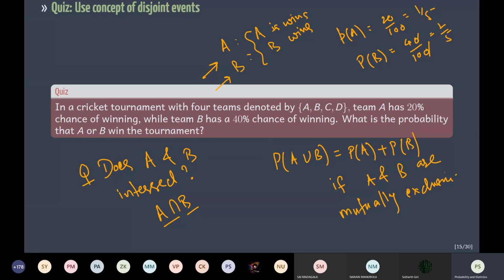Well, it does not happen all the time like this. In cricket tournaments, sometimes people have a draw, especially in one day or test matches, and it may happen that they share a trophy or something like that.